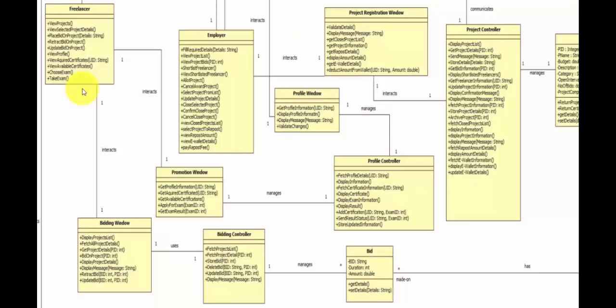One of the main functionalities of a freelancer in this system is to undertake a project, and in order to do so, a freelancer needs to bid on a particular project. After a freelancer has bid on a particular project, he can even manage his bid by removing it, updating it, or even promoting it.